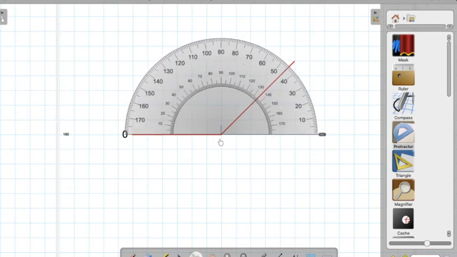If you measured it against this one, you would have a 45-degree angle. But you're not. You're measuring it from here, down here. So it looks like 135 to me. You're measuring this way. It's bigger than 90 degrees, so you're measuring it to 135.